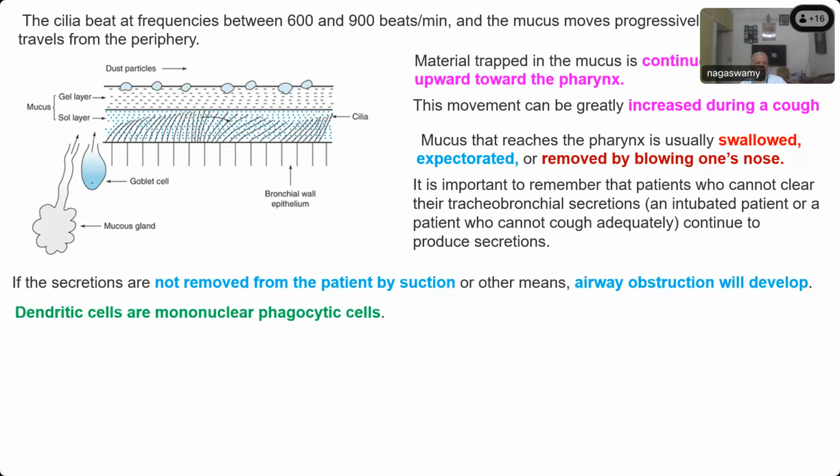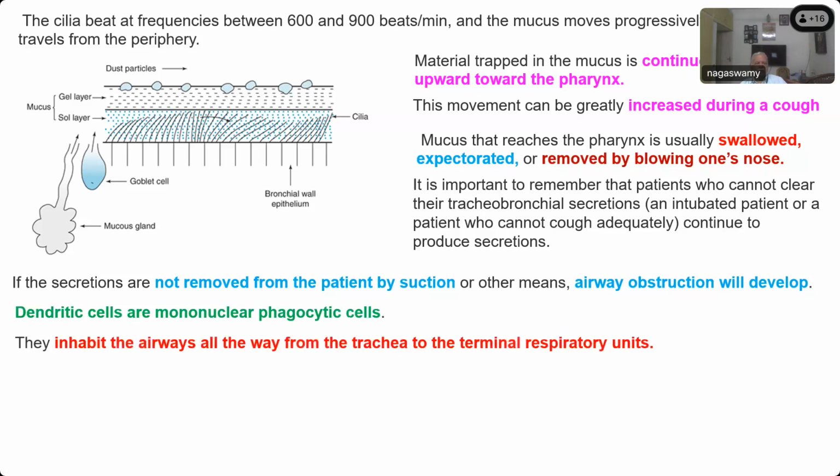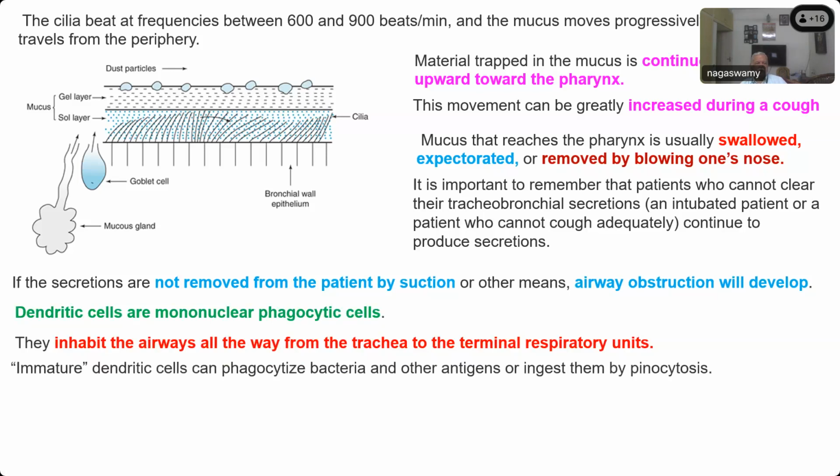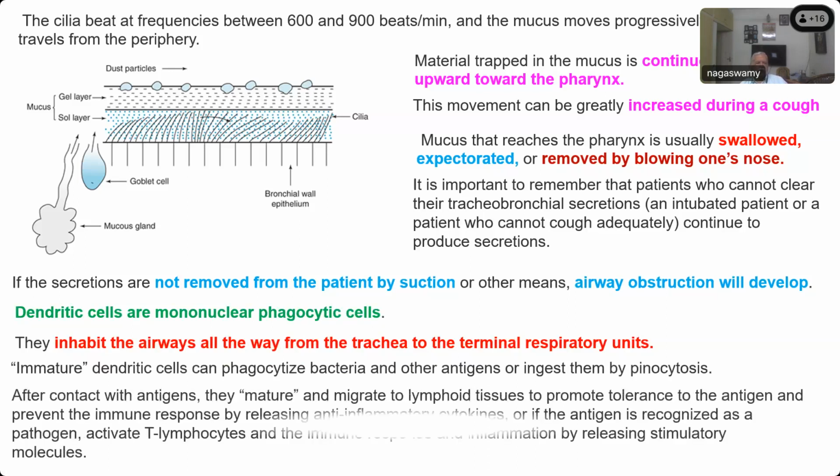There are dendritic cells and mononuclear phagocytic cells. They inhabit the airways all the way from the trachea to the terminal respiratory units. Immature dendritic cells can phagocytose bacteria and other antigens and ingest them by pinocytosis. After contact with antigens, they mature and migrate to lymphoid tissue to promote tolerance to the antigen and prevent the immune response by releasing anti-inflammatory cytokines.